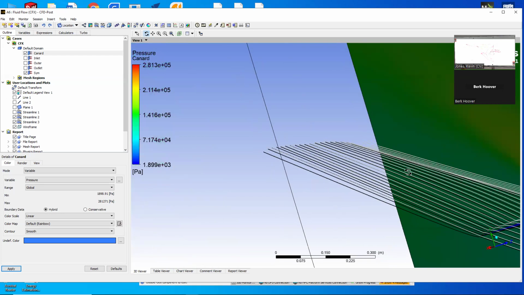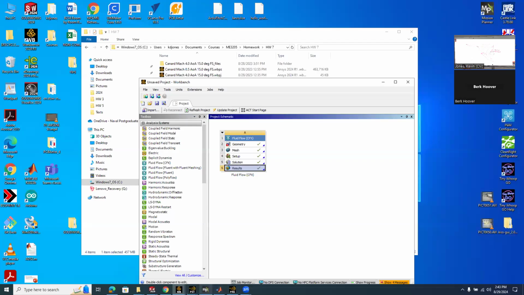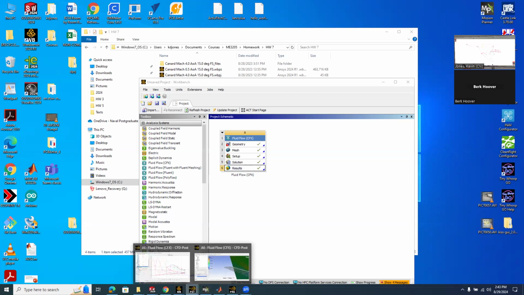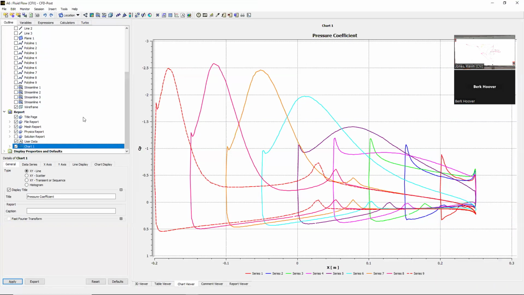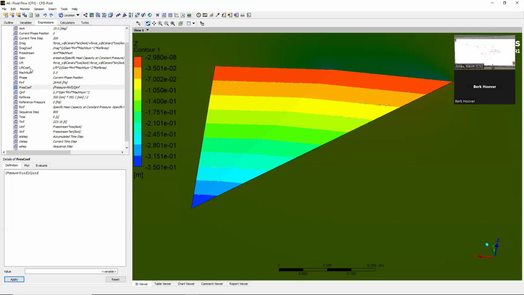Anyway, in the supersonic case, I don't think you can use the VLM method for anything, but in the subsonic case, you can. I think I have it in the expressions, coefficient. So you'll get these plots of lift and drag coefficient.